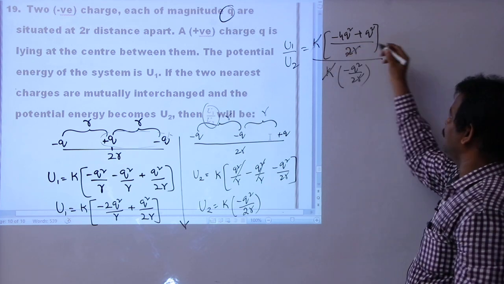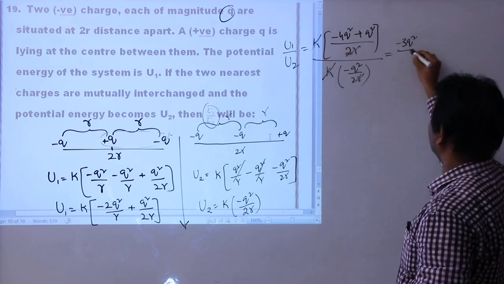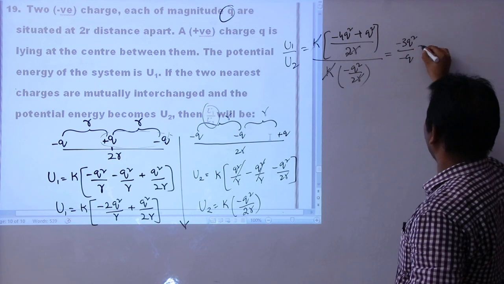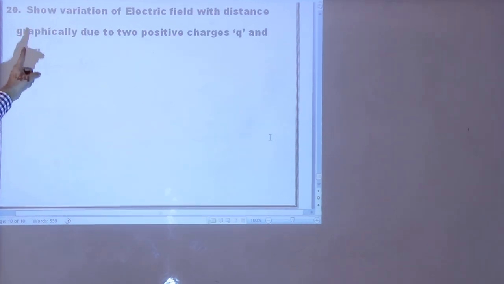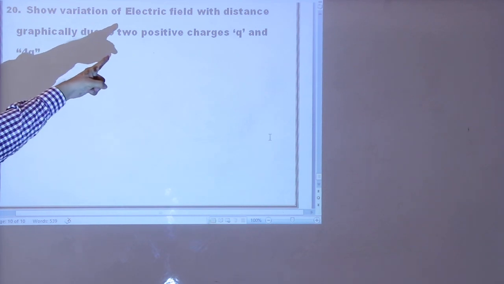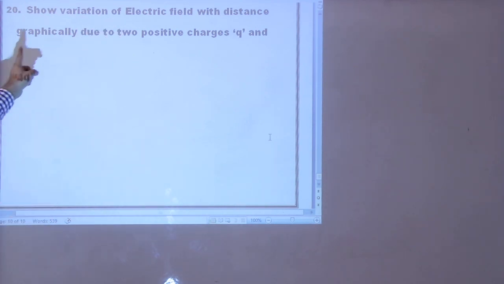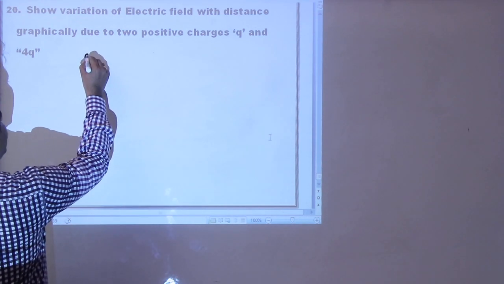K gets cancelled, 2r and 2r get cancelled. This will be minus 3q square by minus q square. So the answer is 3:1.